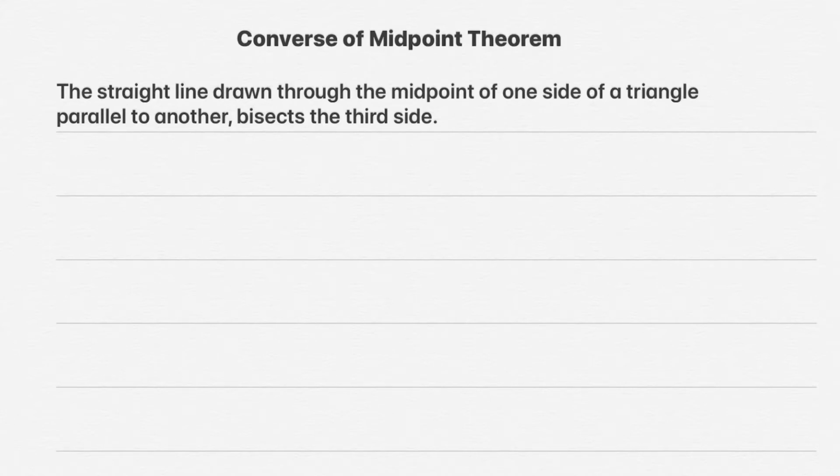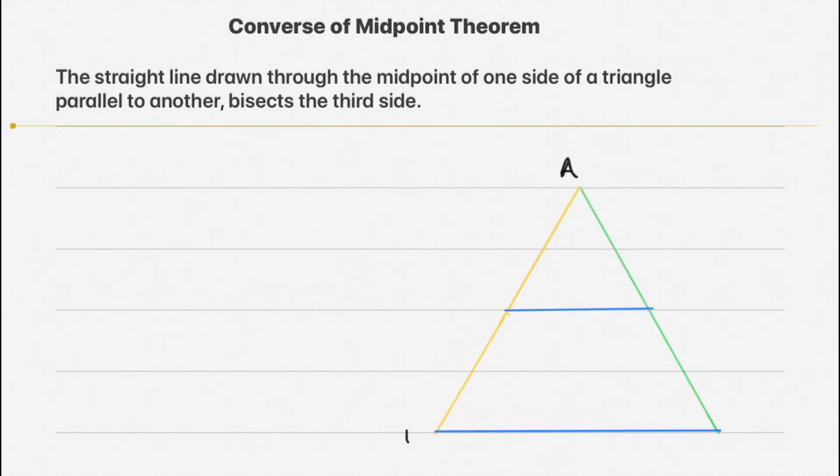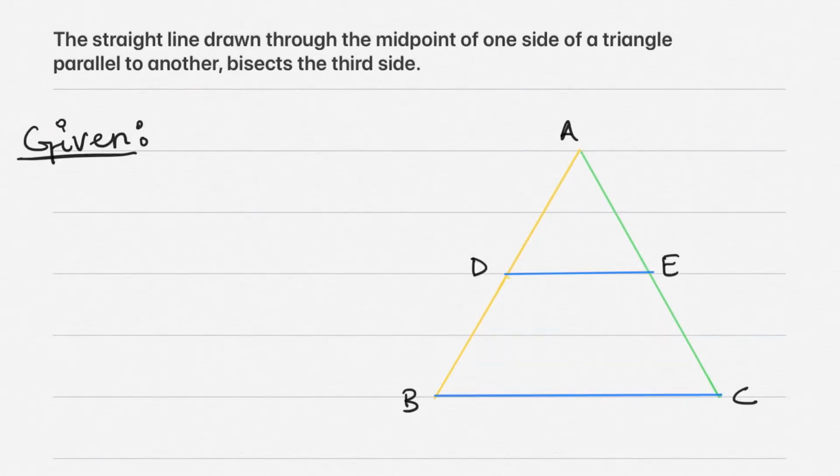Now again we are going to draw the diagram first as A, B, C, D and E. Okay, so here we have to write down the first step of proving, right, what is given to us. That a straight line is drawn through the midpoint of one side.